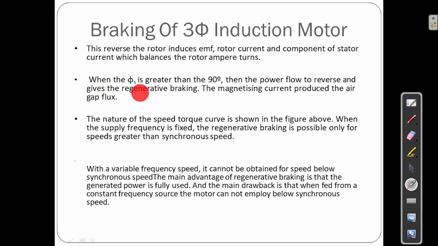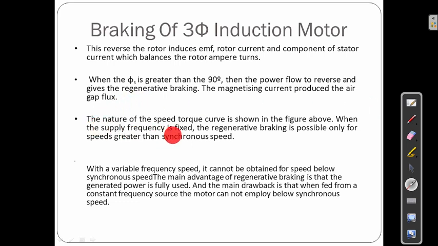When φ_S is greater than 90 degrees, then the power flow reverses and gives regenerative braking. The magnetizing current produces the air gap flux also.